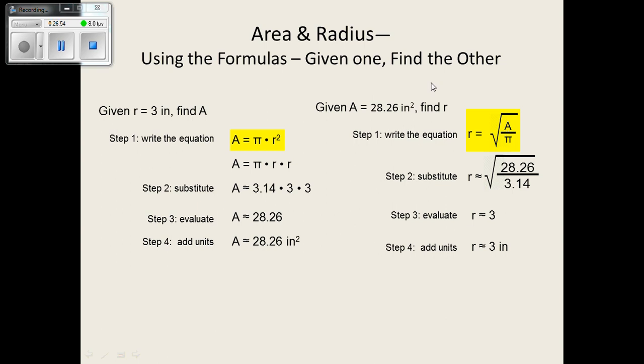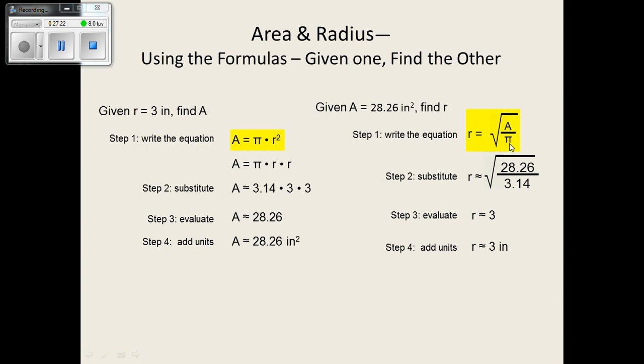Now this way, this inverse, when we go from area to find radius, looks a little funky, but we will be practicing how to do this. So our step one is still going to be write the equation. If we want to find r, well, r is equal to the square root of the area divided by pi.